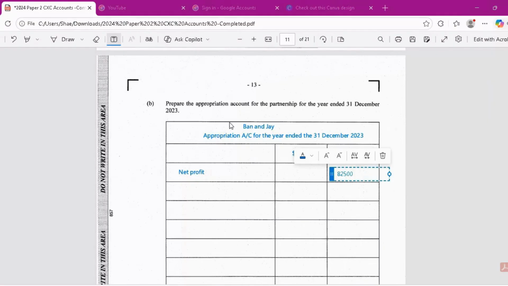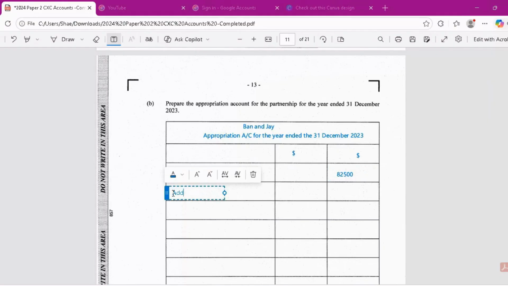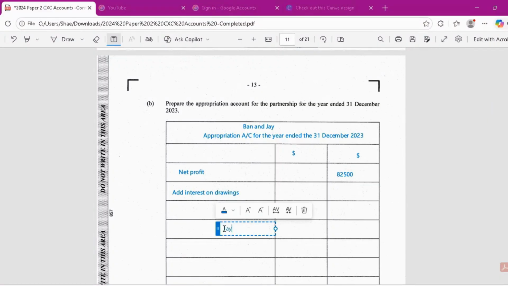So I'm going to say add interest on drawings. So Ban first, then J. Ban is 2,700. J is 3,200. 3,200 plus 2,700 will give us 5,900.